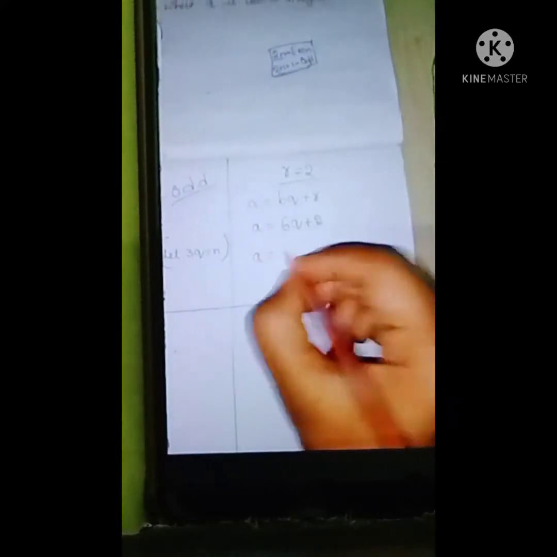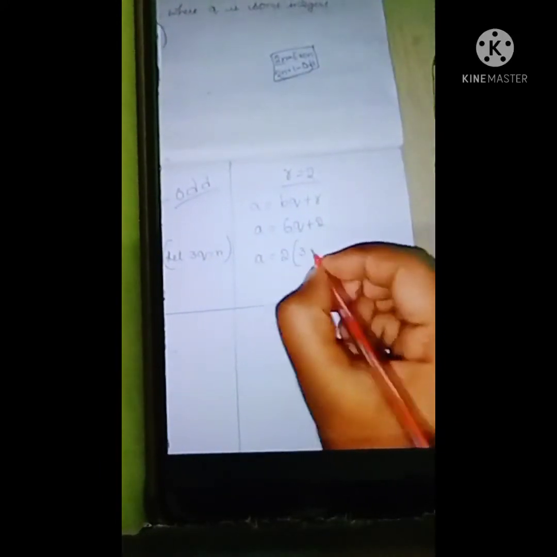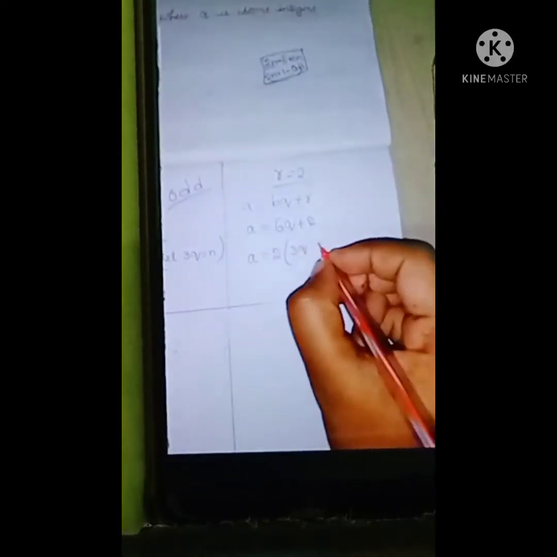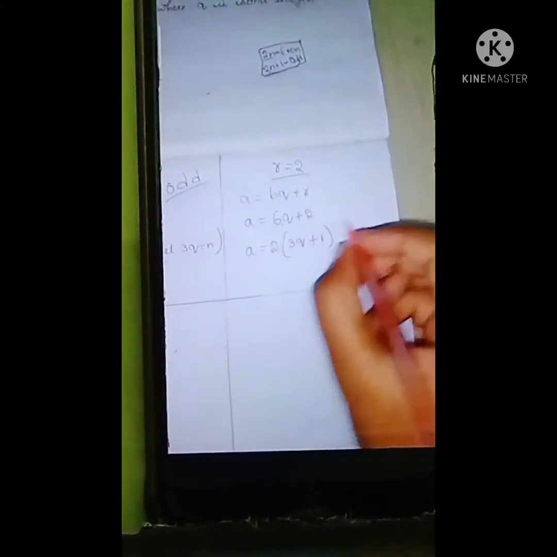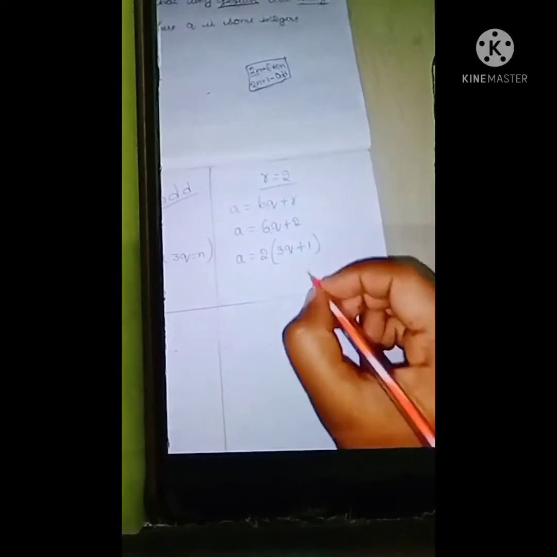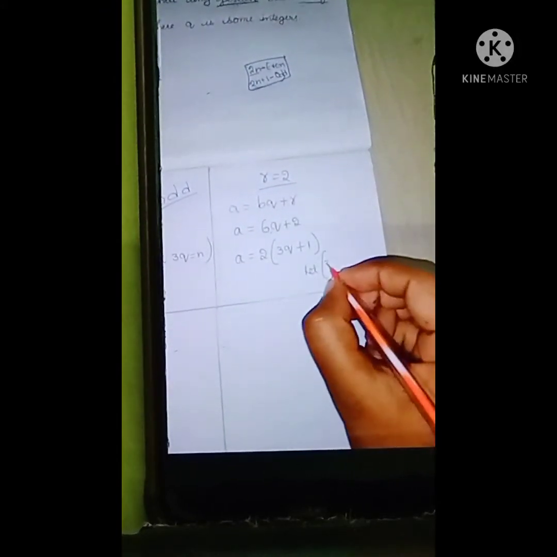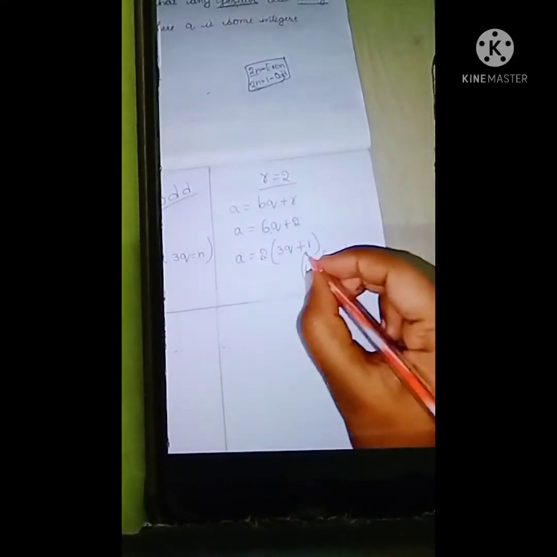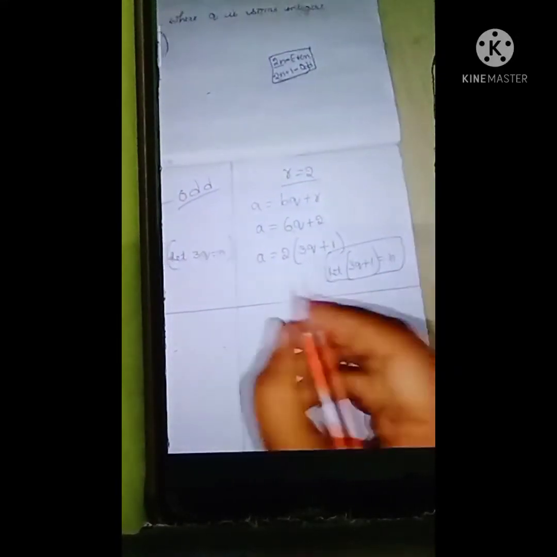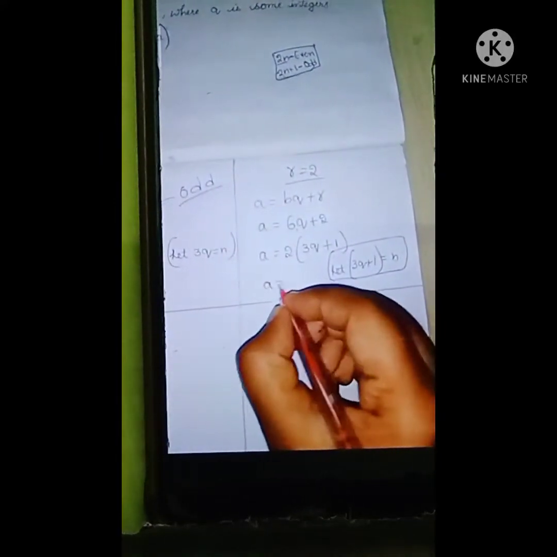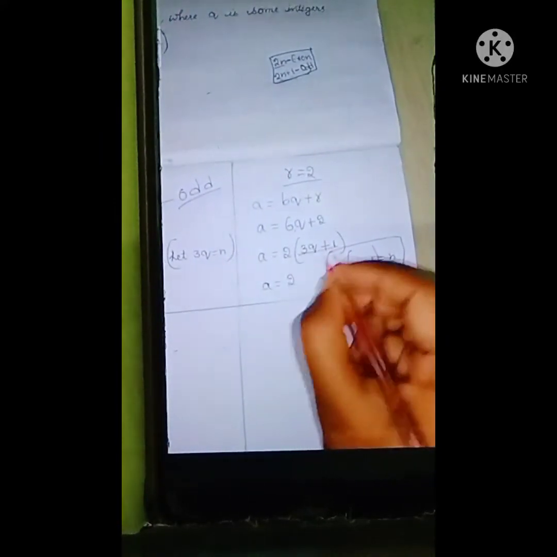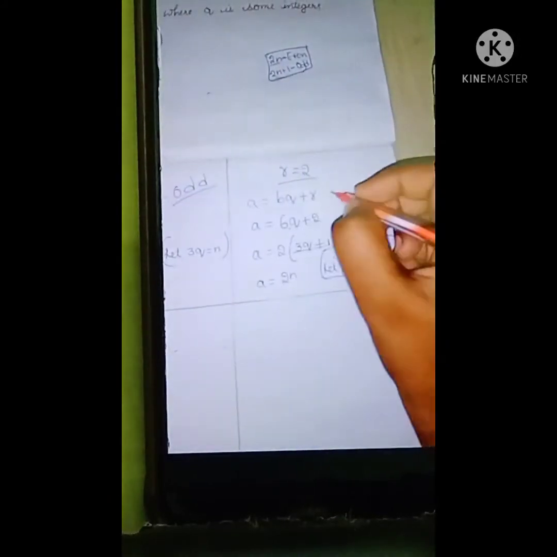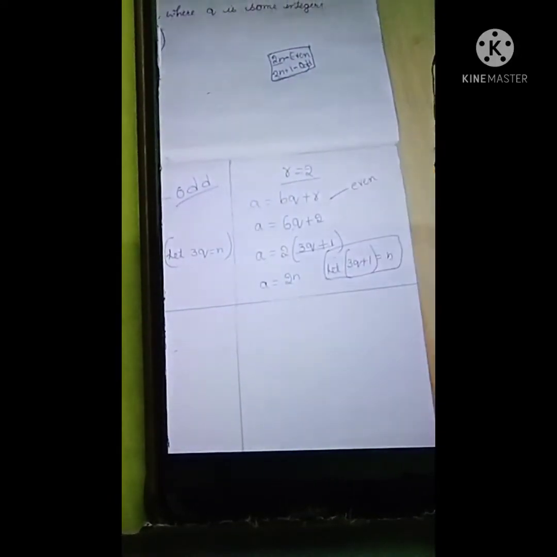We can write it as 2 into 3Q plus 1. Let 3Q plus 1 be equal to n. Therefore A is equal to 2n. So this number is even.